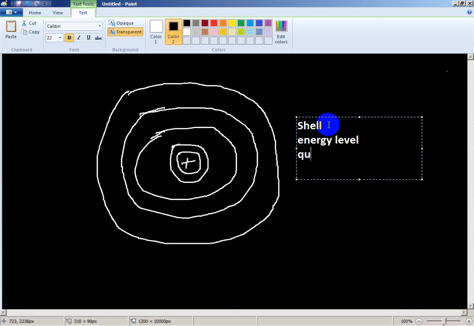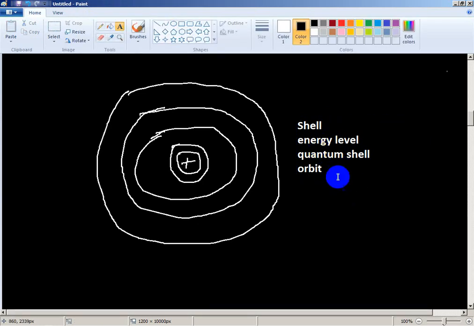It is also called an orbit. First shell, second shell, third shell, or first orbit, second orbit, third orbit, first energy level, second energy level, same things.